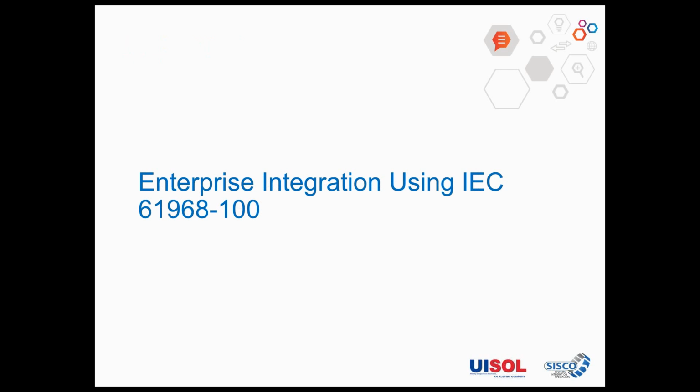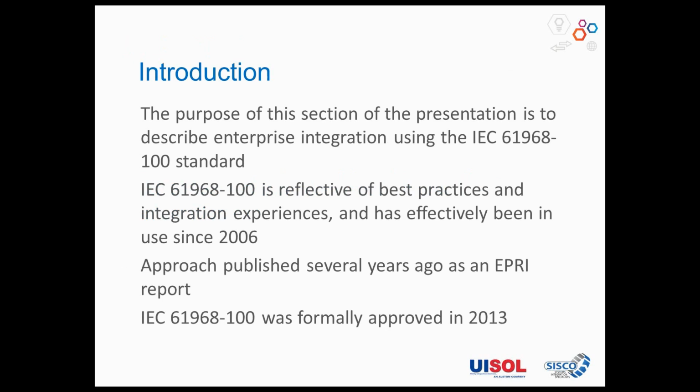So in order to do that, we decided that what we needed was a companion standard that would provide implementation profiles, if you would, for various transports or integration strategies. So what 61968-100 does is provide that level of information.